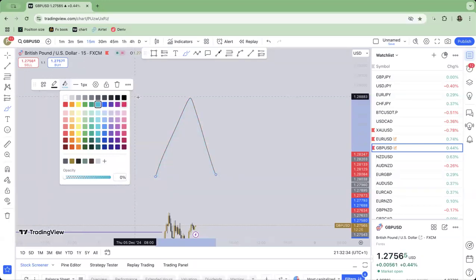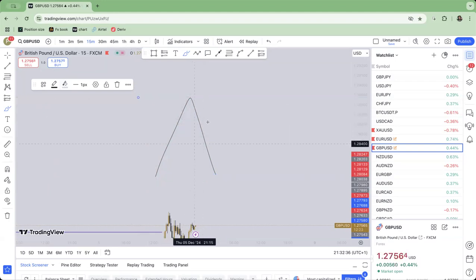This becomes a structural point, which we are interested in using. If the market comes back to break above that, we have a break of structure, just like we talked about.